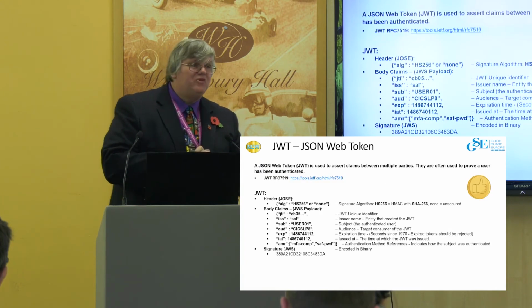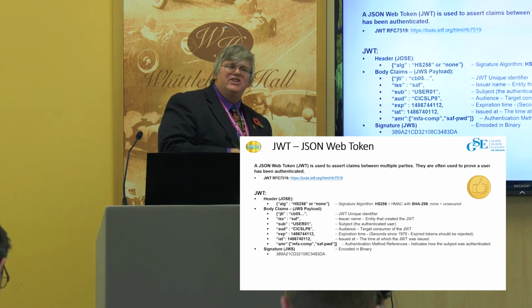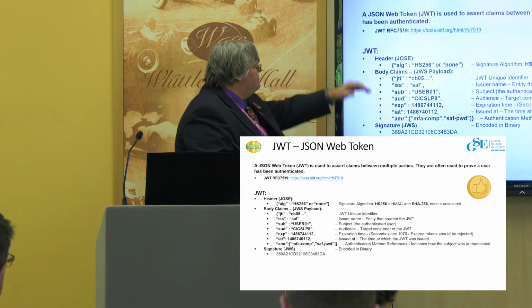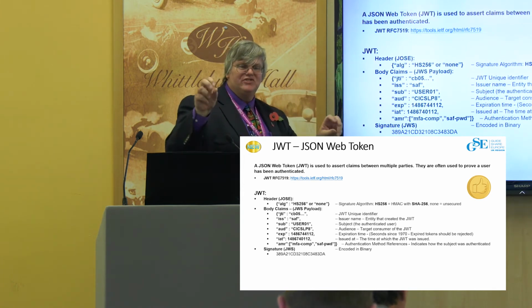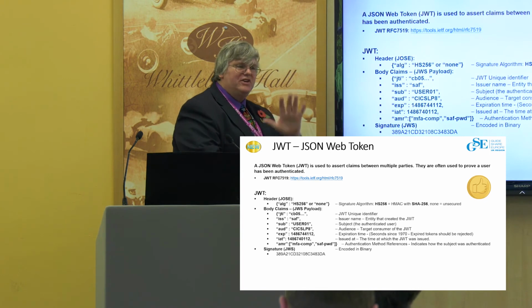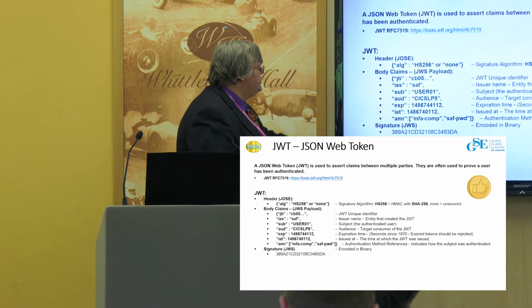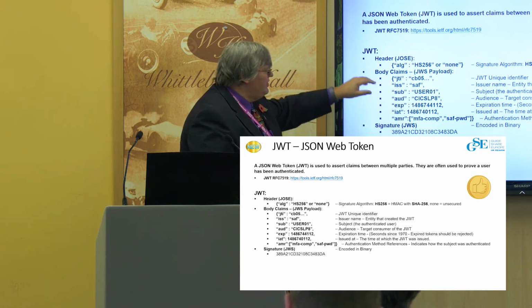So what's in a JSON web token? This is as geeky as it gets, and it's really nothing that you wouldn't expect. There's going to be some control information: what kind of encryption is used for the signatures, because you don't want these things being created by just anybody. You want them to be created and be non-mutable, non-changeable. Then you'll get the payload and identifier. Think of it as a serial number.